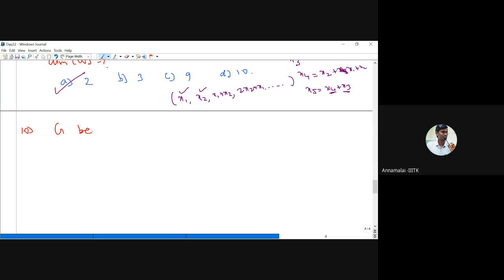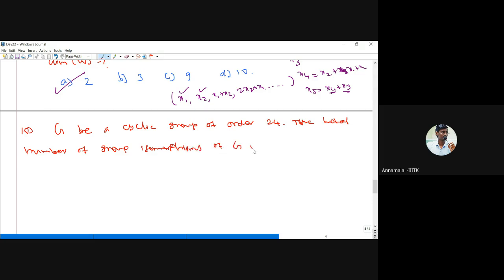Now the question is the total number of group isomorphisms of G onto itself.